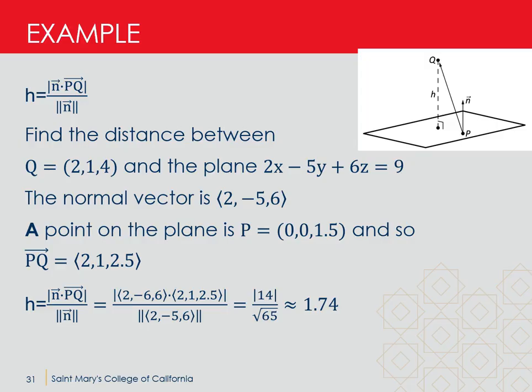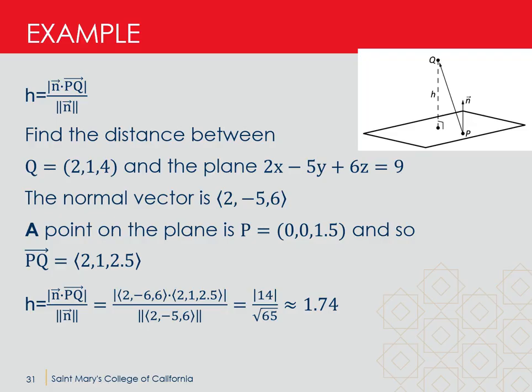So we get 14 over root 65. Again, I've taken the absolute value there. It's not negative as it turns out. But that gives us 1.74. So it tells us that the shortest distance between that point 2, 1, 4 and the plane 2x minus 5y plus 6z equals 9, that shortest distance is 1.74.